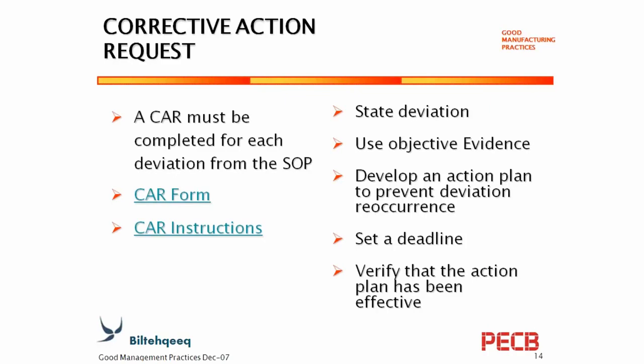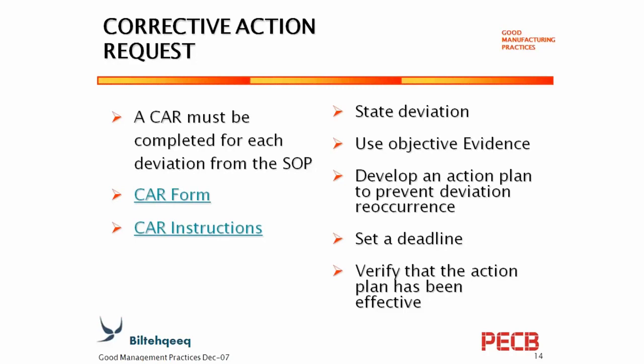What happened, when it happened, where it happened, you have to note all this information in this corrective action form. And to fill out this form, you have to write corrective action instructions, which will guide you on how this form will be filled.